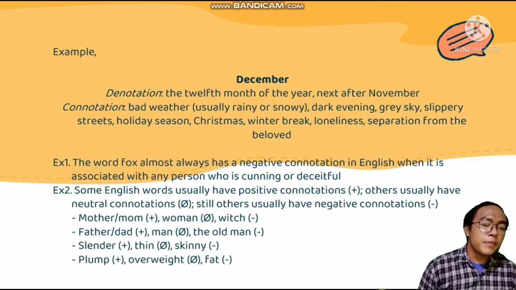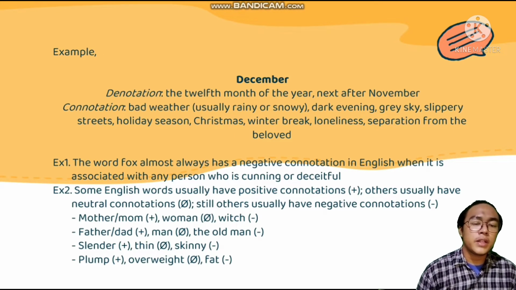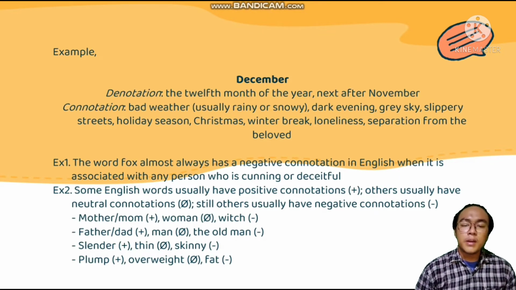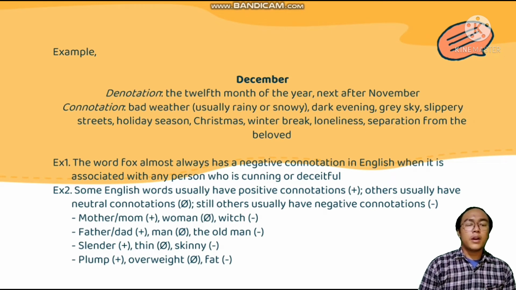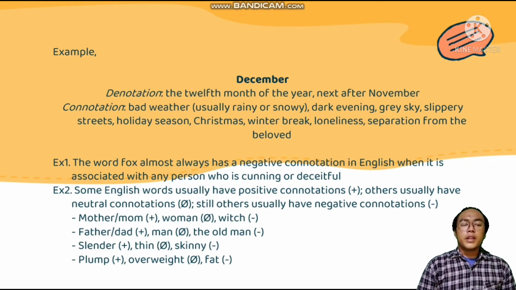In example 2, some English words usually have a positive connotation, others usually have a neutral connotation, and still others usually have a negative connotation. Positive is mother or mom, neutral is woman, negative is witch.